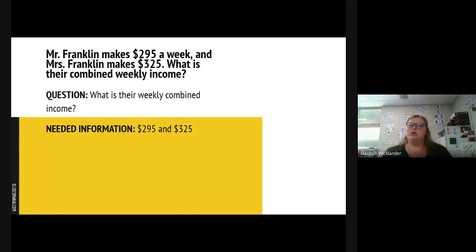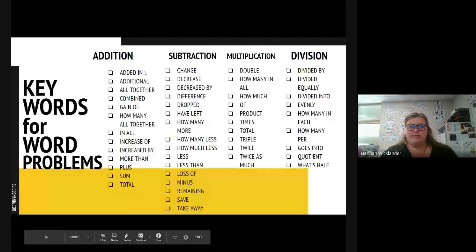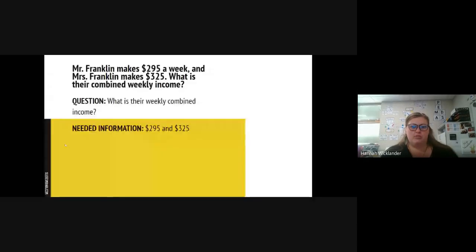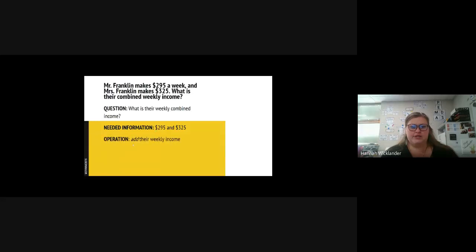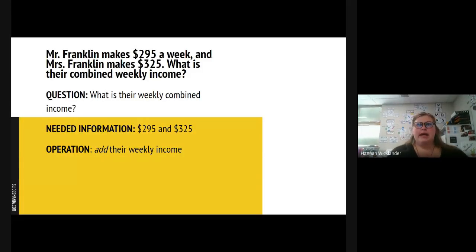So we see the word combined in the question, and then I'm going to switch tabs. We look at this slide and we see combined is in the addition column. So that means we're going to add. Then on your homework, for the operation, you would just put add. So good job, that was awesome. Okay, we're gonna do 3 more examples.